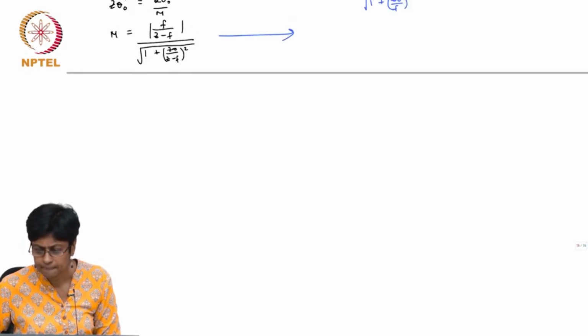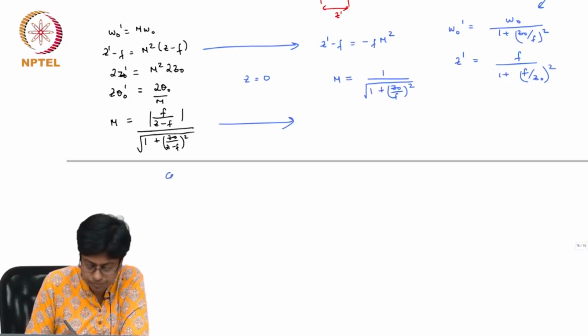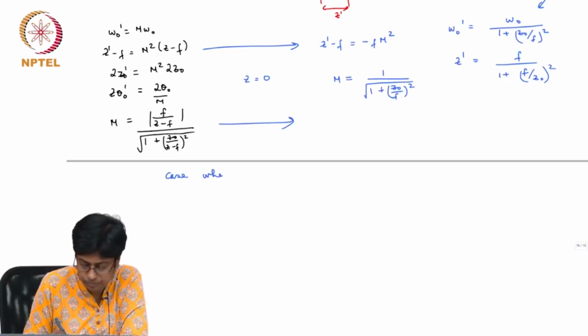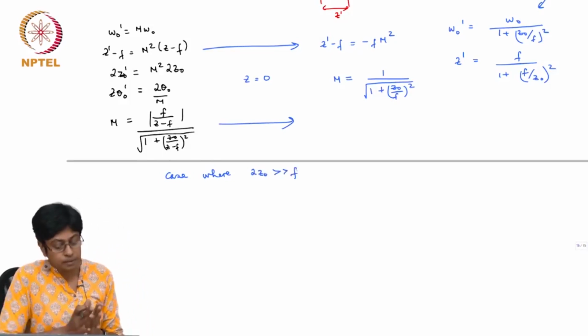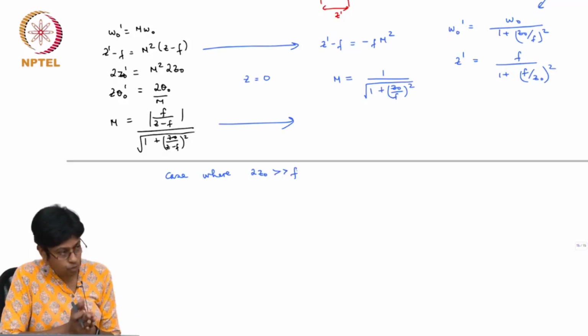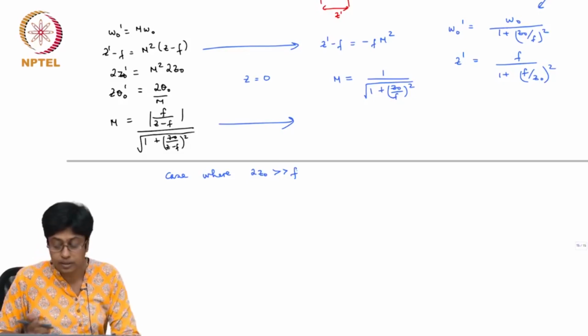So if we take the case where two z naught is much greater than f. Remember, that's the depth of focus. So you're saying take the case where the depth of focus is larger than the focal length of the lens that you are using. Okay.